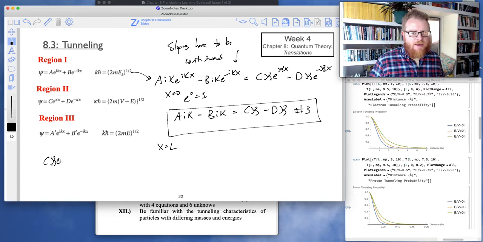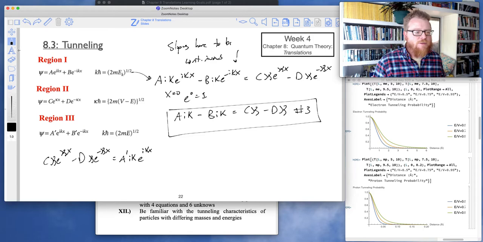That's going to be Cκ e^(κx) minus Dκ e^(-κx). And now we've got to set that equal to the first derivative of region 3, which is going to be A' ik e^(ikx), minus, because there's the negative sign, and I take the derivative so the negative comes down, B' ik e^(-ikx).